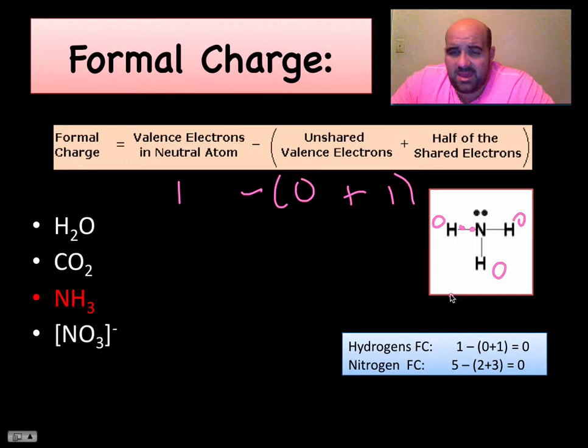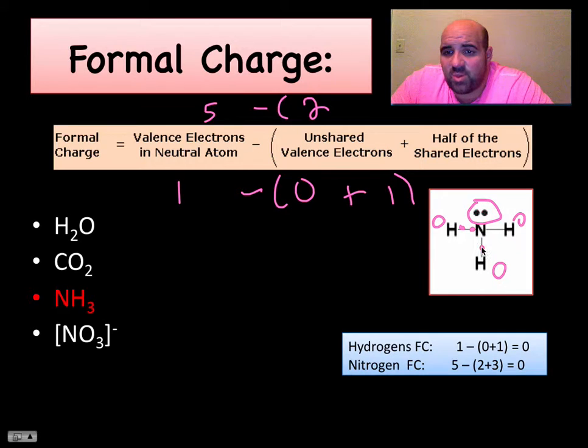0. And again, the formal charge of nitrogen. Nitrogen has 5 valence electrons. It's in column 5A. How many unshared valence electrons are there? Well, it has 2 unshared valence electrons. So 5 minus 2. And how many electrons in total are half the shared electrons?